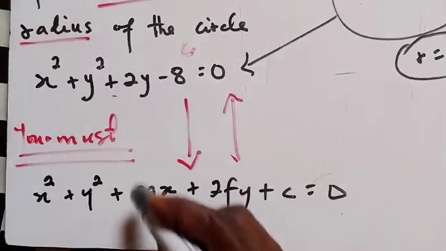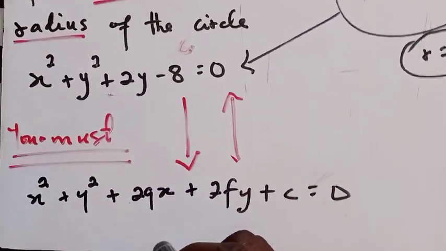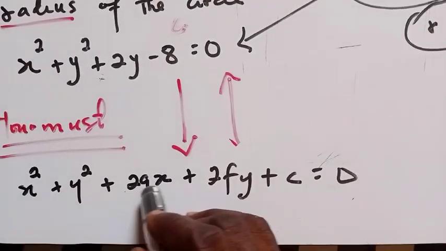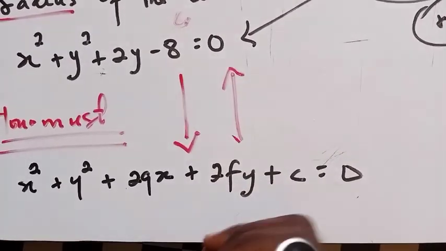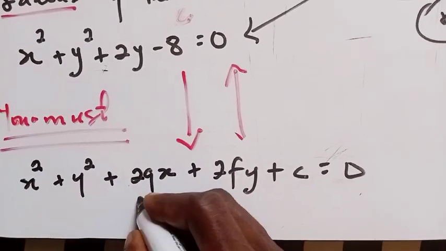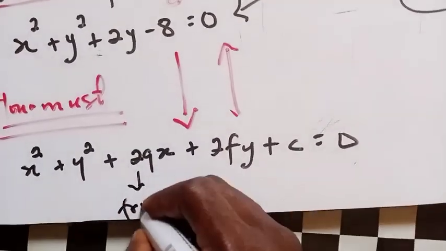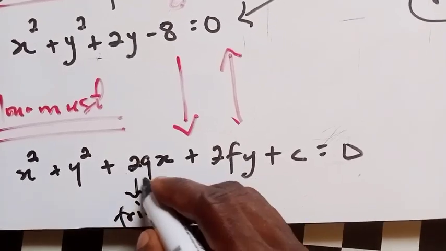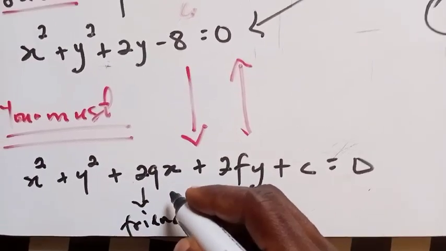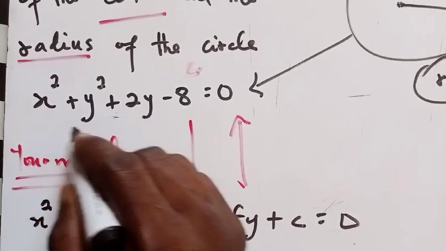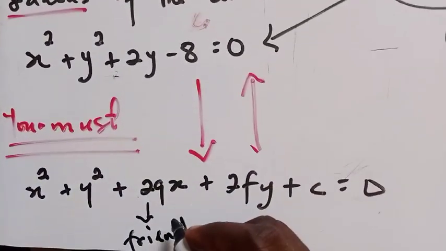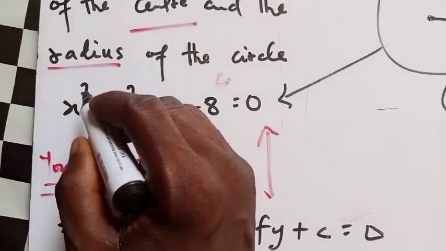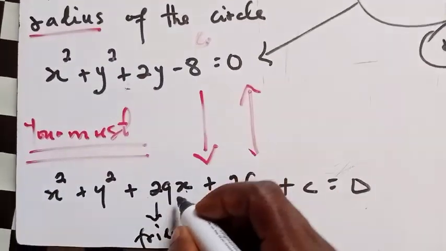By comparison, this is the general equation, which says 2g is always a friend to x, right? So 2g is always attached to the x. If you do the comparison with what we are given, x is different from x squared. Here we are talking about just the x.